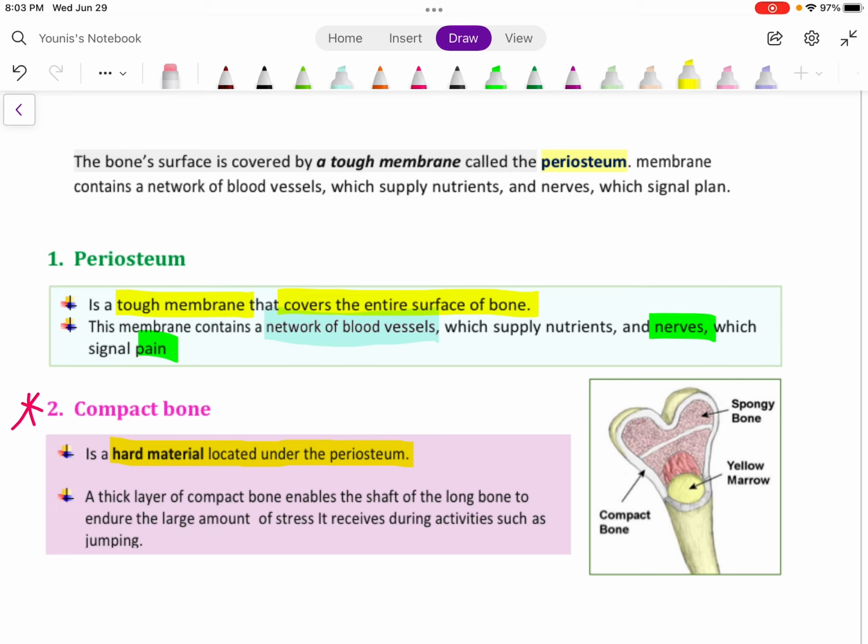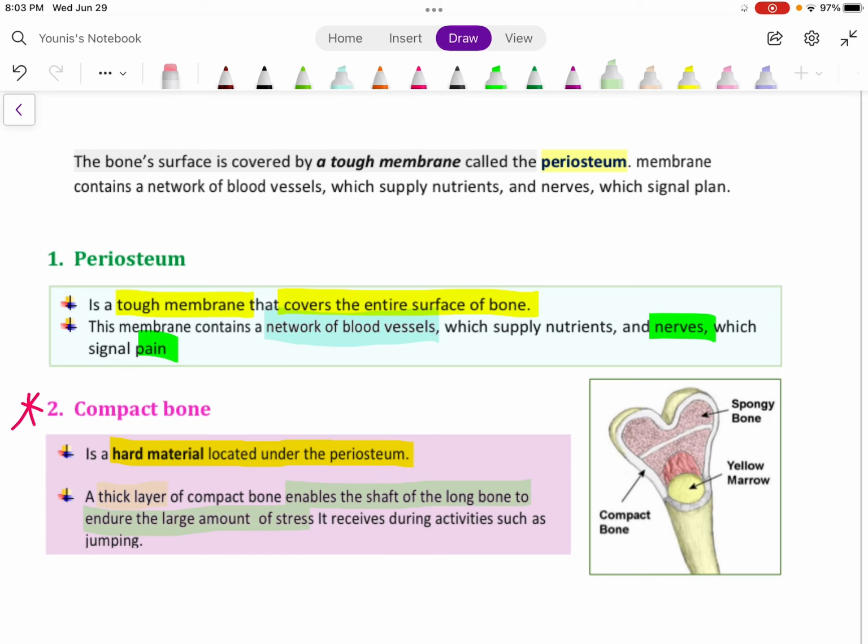What else? It is a thick layer. It's not thin. This layer is thick. And it is compact. Its function is enabling the shaft of long bones to endure the large amount of stress.